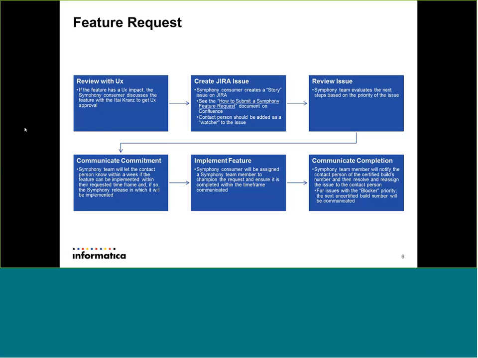This is so that this Symphony team member can work more closely with this consumer on other issues as well and have kind of a consistent face for that consumer in getting what they need from the Symphony platform. And finally, again, we'll communicate when the feature is completed, the certified build number that the issue can be found in, and likewise, for blocker priorities, we'll communicate the uncertified build number.